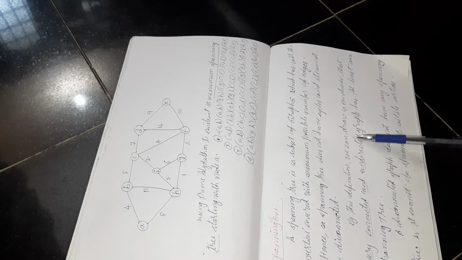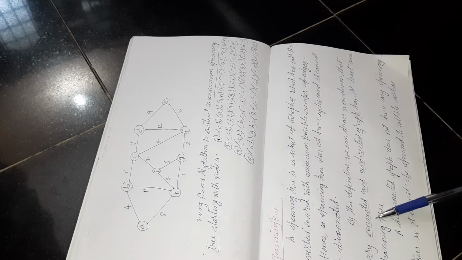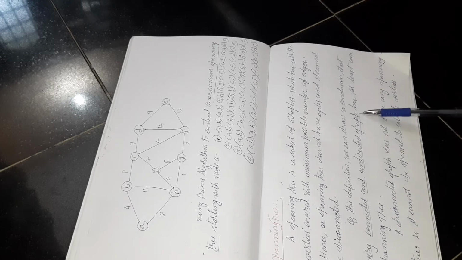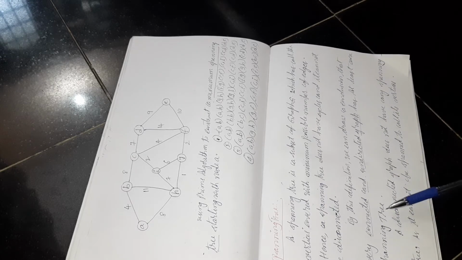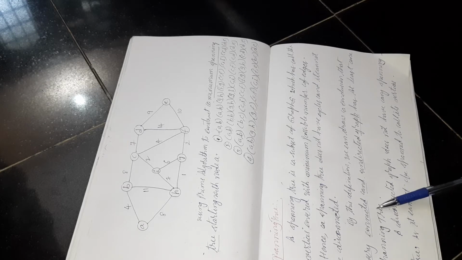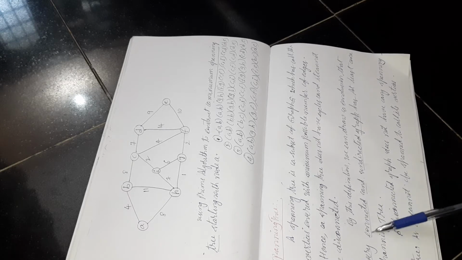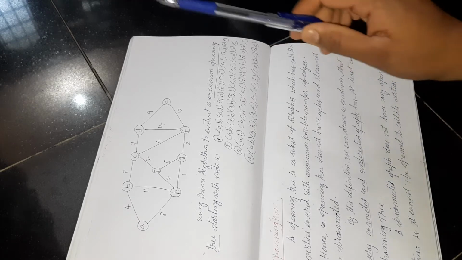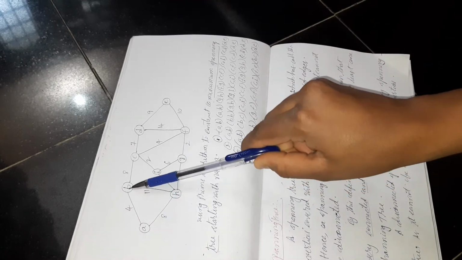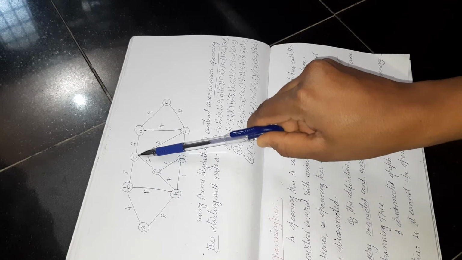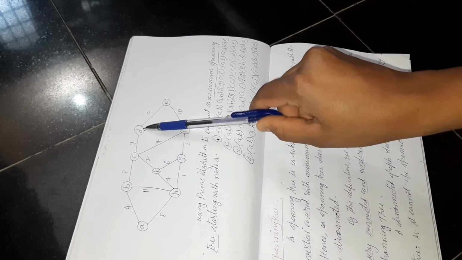By this definition, we can conclude that every connected and undirected graph has at least one spanning tree. Here I want to say something about connected graphs. What is a connected graph? A connected graph means there is a path between every pair of vertices.